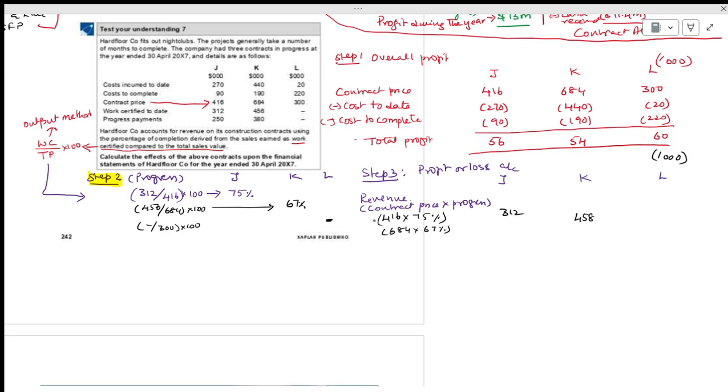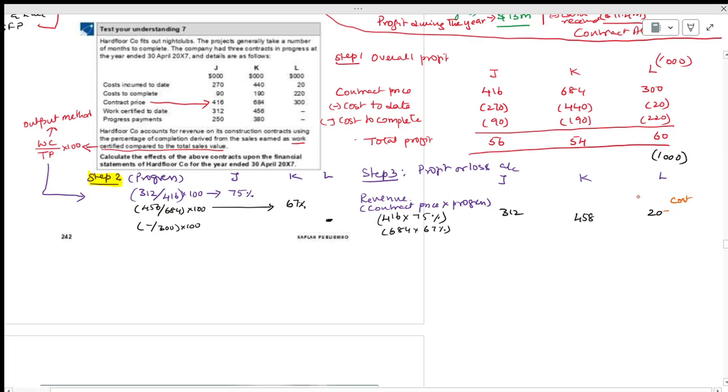Now 20 million is the cost to date. You don't have any progress. If you don't have progress, how much will you take? You will take the cost to date. I am writing the cost here for your understanding.